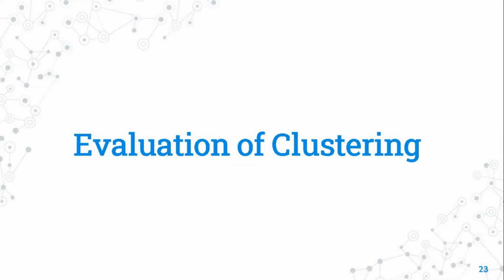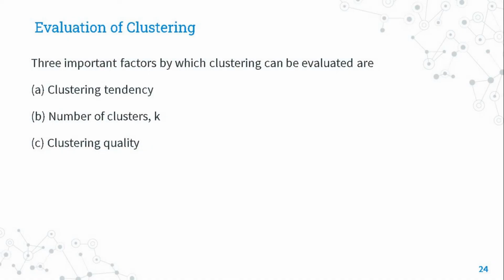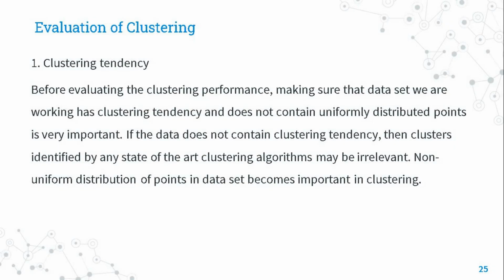The next is evaluation of clustering. There are important factors by which clustering can be evaluated. These are clustering tendency, number of clusters K, and clustering quality. The first one is clustering tendency.